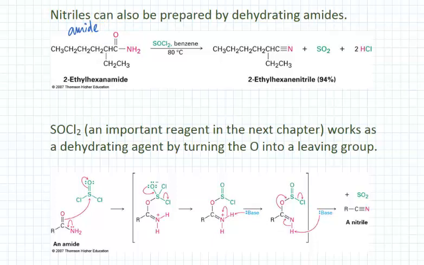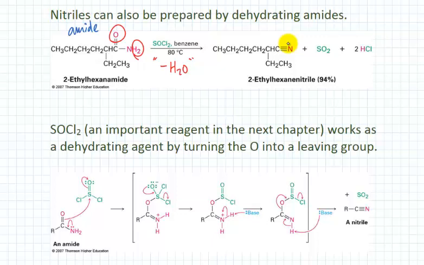So what do we mean when we say dehydrated? Well, if we look at this O and those 2 H's, we essentially remove minus H2O. I'm putting that in quotes because that's not what actually happens, but that's the overall net effect of dehydrating an amide. We end up with a nitrile.